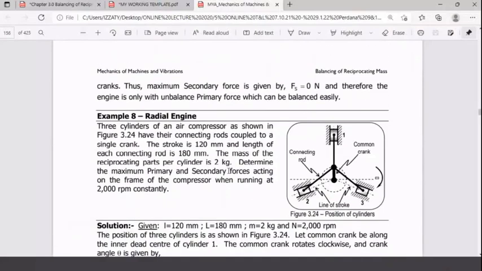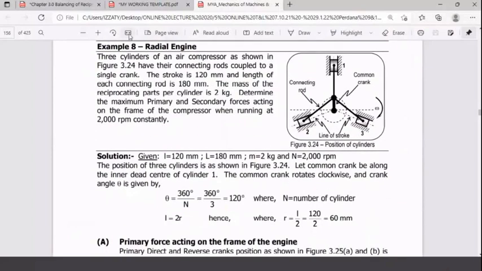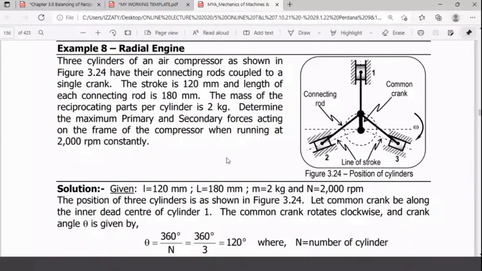I'm not going to do this one, so I believe that you can do this one. Just as I mentioned just now, I'm going to give you the conclusion. Look at here for 3 cylinder.